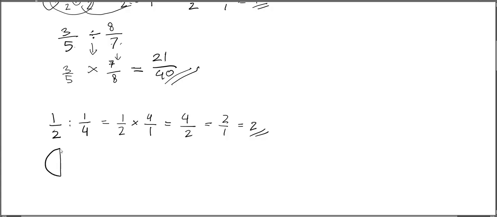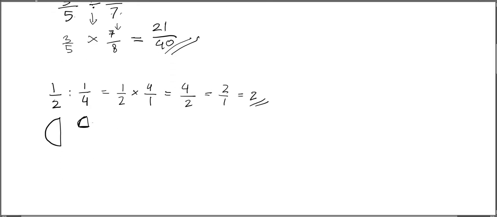You have a half cake and you want to give every person a quarter. So you divide it into quarters and you want to give this cake to people.